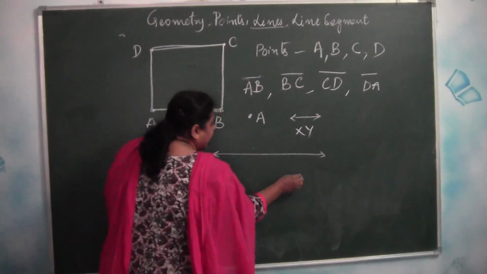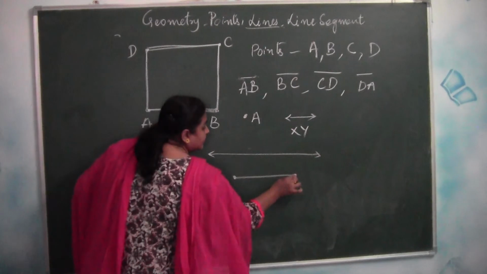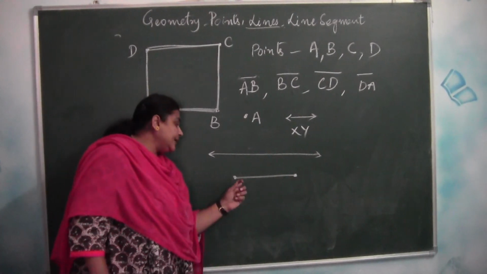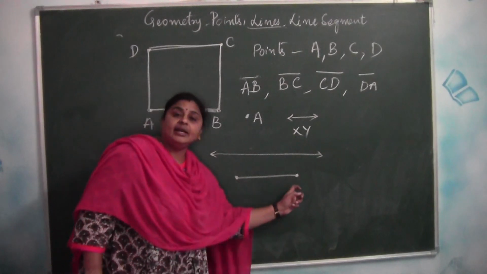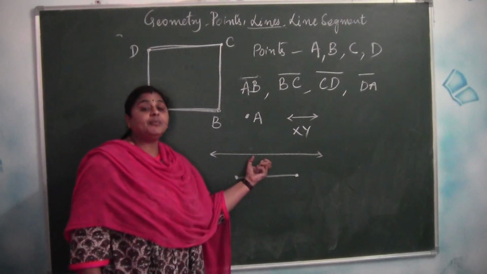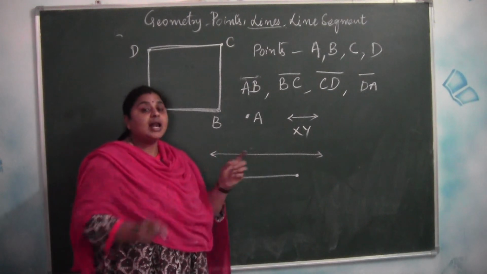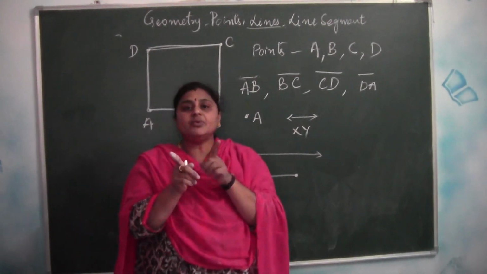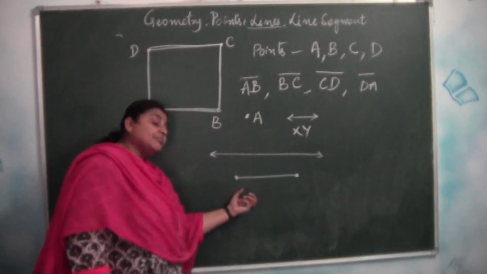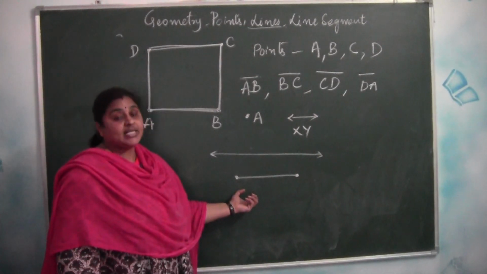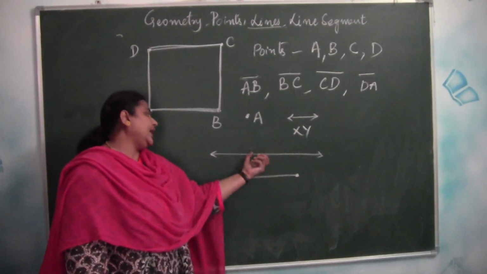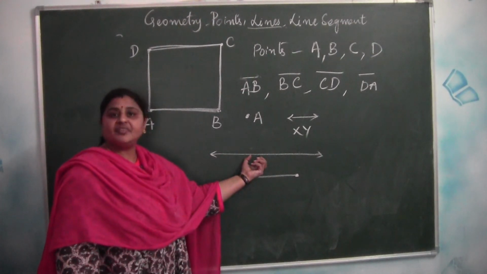A part of a line is a line segment. It has no arrow marks. It has a starting point and an ending point. Does a line have a starting or ending point? No. A line can be extended equally in both directions, but a line segment cannot be extended. It has a definite length. A line has no definite length.